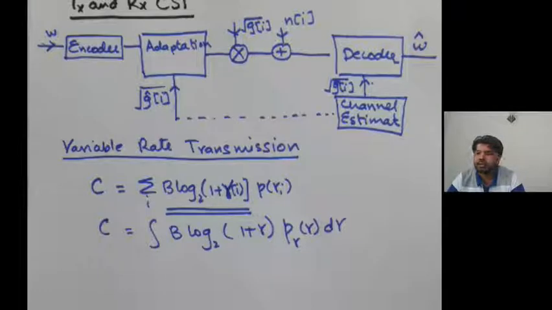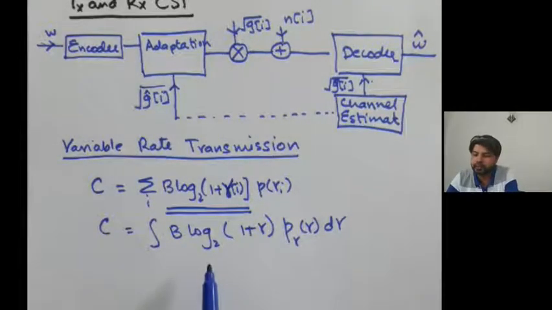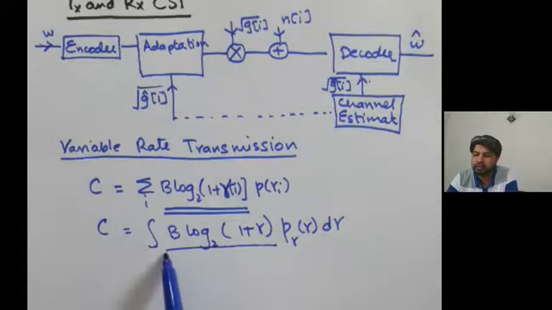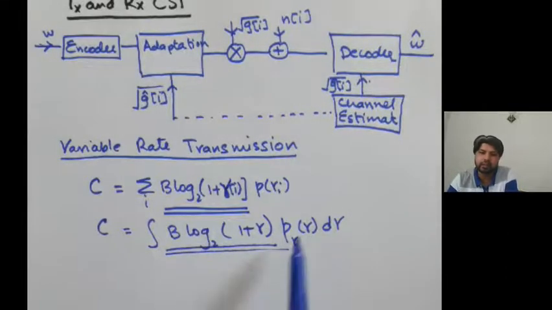In the case of the receiver CSI only, the receiver makes use of a code that has information about all the channel states, incorporating all the possible channel states. It might have increased the latency or the delay in the system, but here you get the same capacity, which can be thought of as maintaining a rate B log base 2 of 1 plus gamma when the channel is in the state gamma.